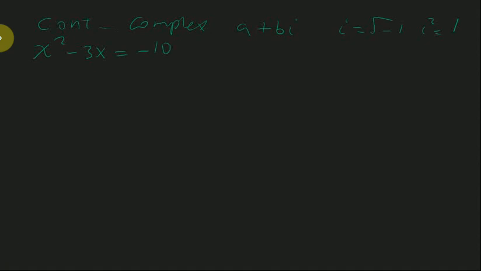In this you have to bring everything together. So this is x squared minus 3x, plus, because if you move it to the other side the sign changes, plus 10 equals 0. Now you can use the quadratic formula, which is x equals negative b plus or minus the square root of b squared minus 4ac, all over 2a, right?